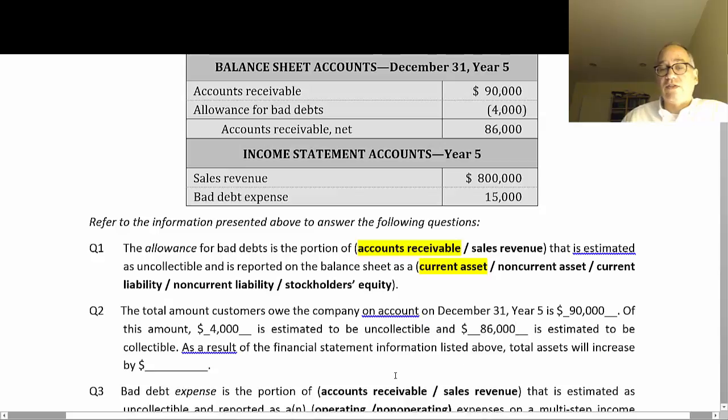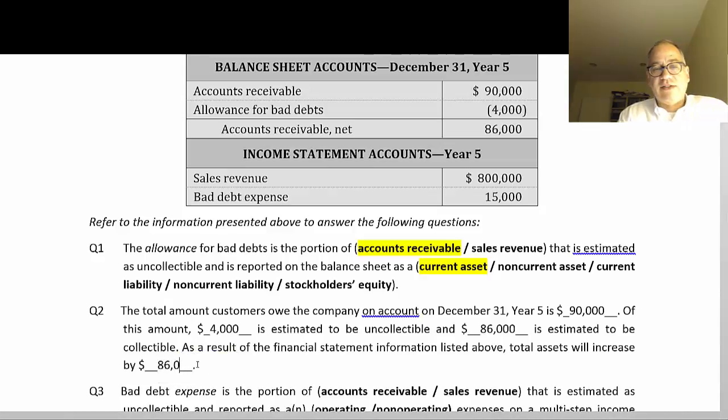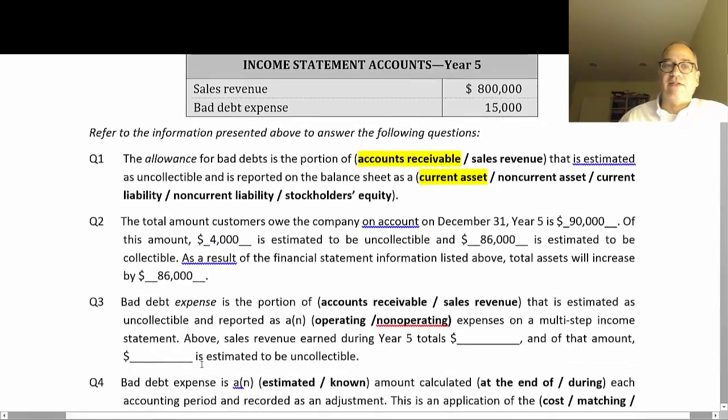As a result of this financial statement information, total assets would increase by $86,000 because that's the total amount that they actually expect to collect.